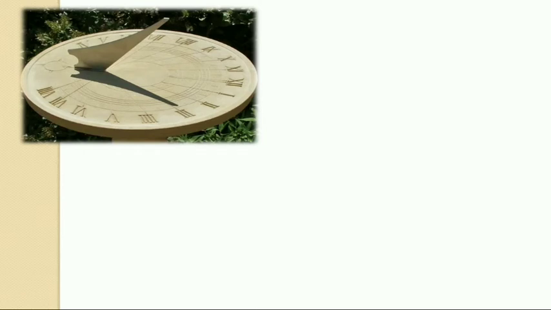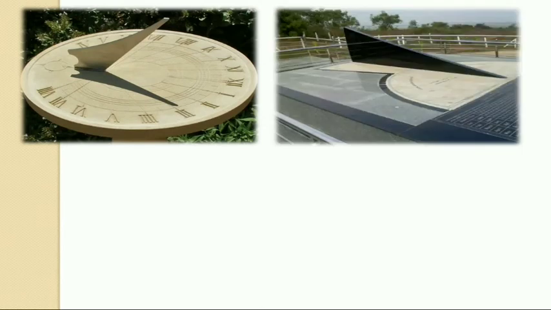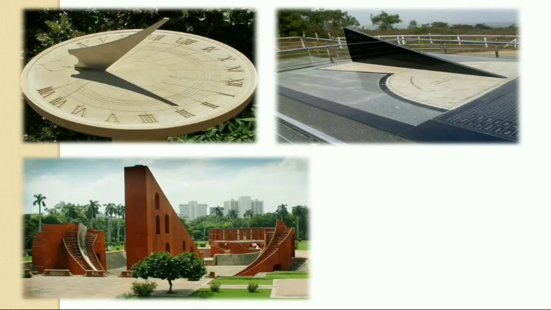They only used natural resources to find the time, and this is the sundial. By using the sun, they made an equipment like this so that they could find the time. A sundial is present in our Andhra Pradesh, Dwarka Tirumala, and this is the biggest sundial ever, which is Jantar Mantar at Delhi.